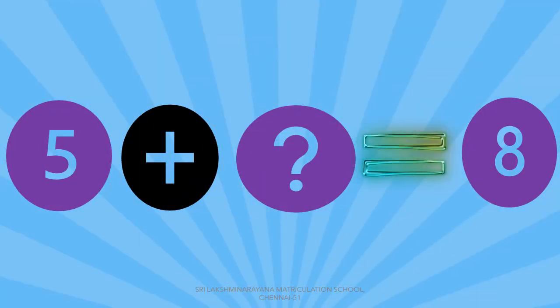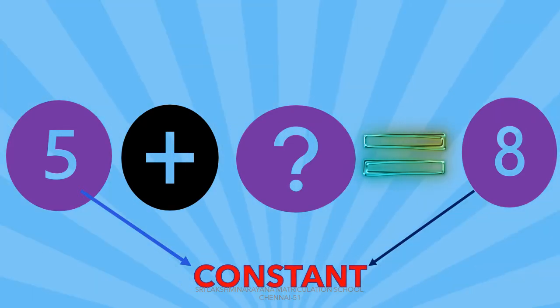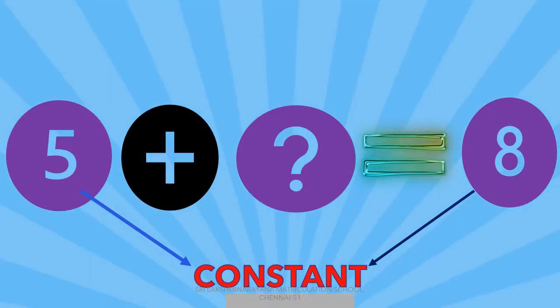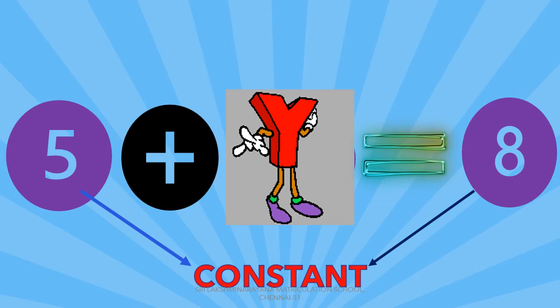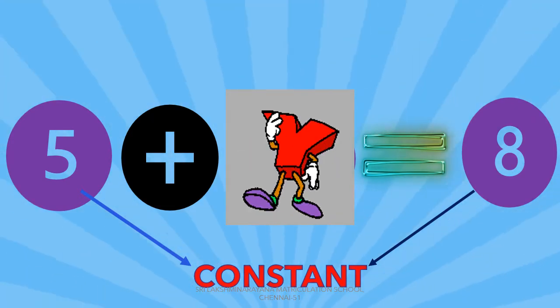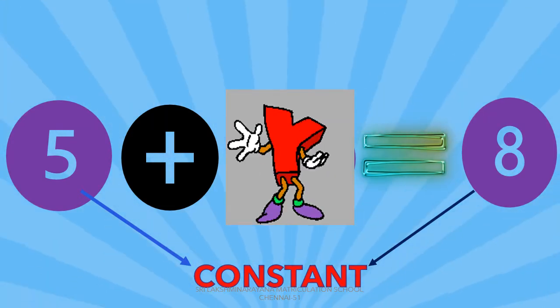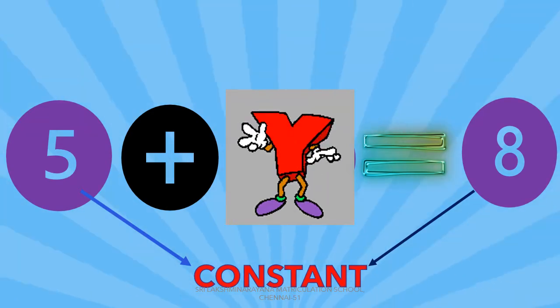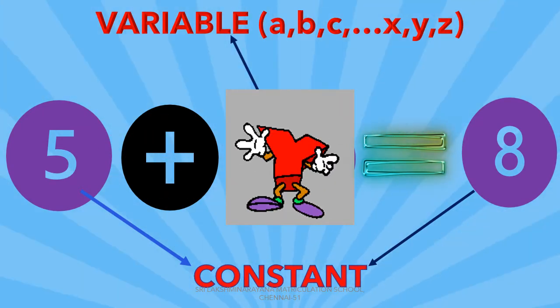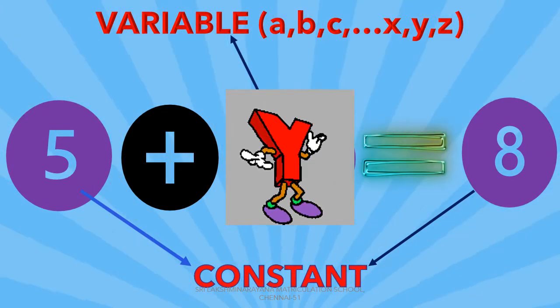In this example, 5 and 8 are called constants, and instead of the question mark, I have denoted it with the alphabet Y, and this alphabet is known as a variable.